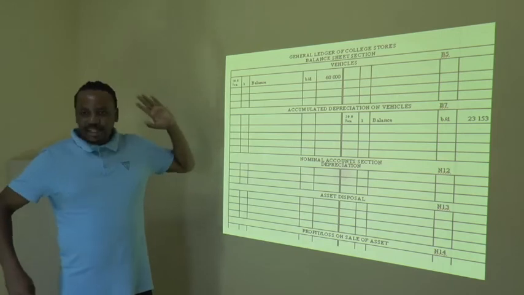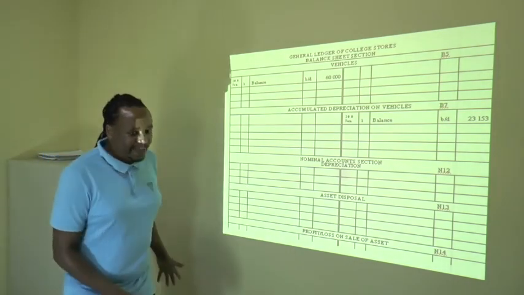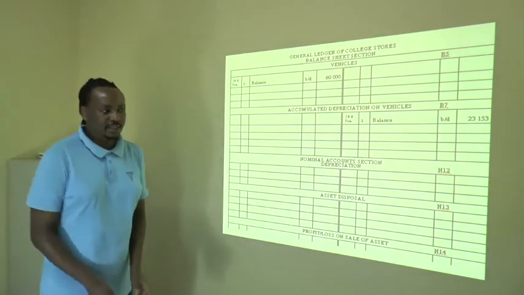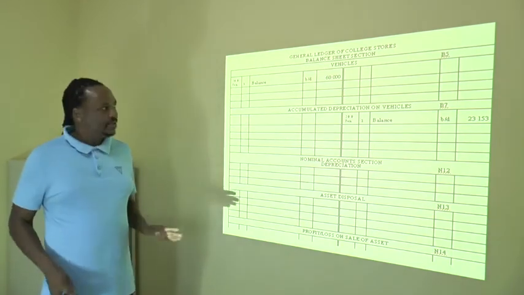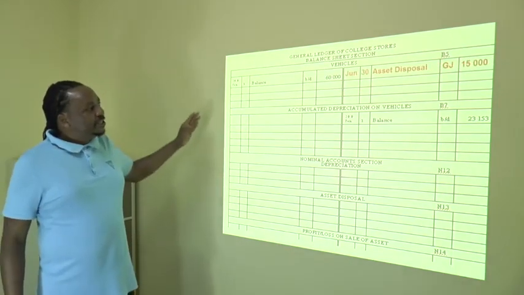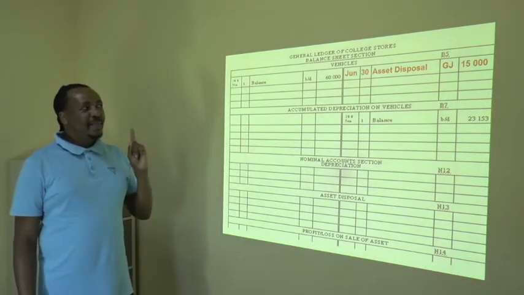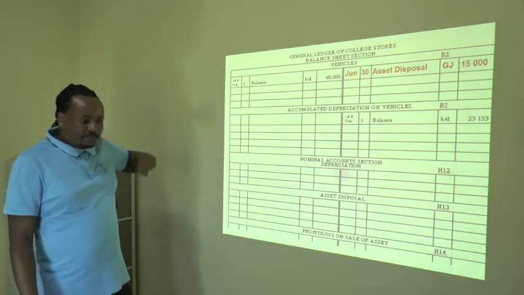Let's say the asset has been disposed now, which means the asset has been taken out of the business, so our asset will decrease. That will reduce the assets that we have within the business. We dispose of the asset that cost us 15,000. Remember, if the asset has been disposed, you record the cost price of that asset.